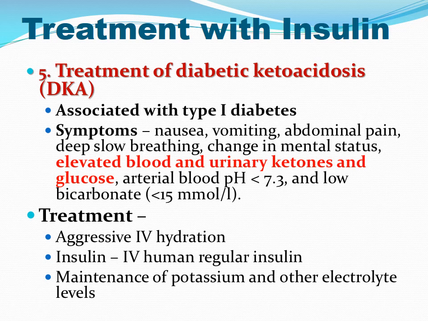Treatment of this case needs aggressive intravenous hydration, insulin also given intravenously, usually regular or soluble insulin, and maintenance of electrolytes, especially potassium and other electrolyte levels in the body.